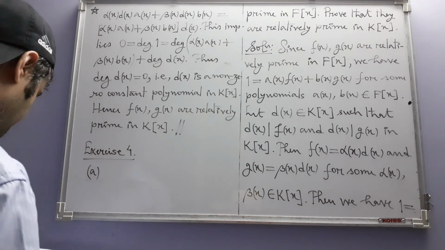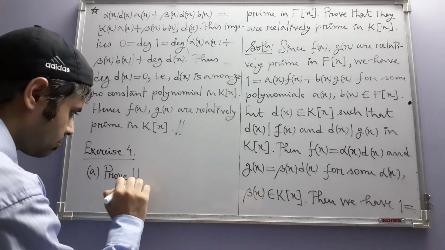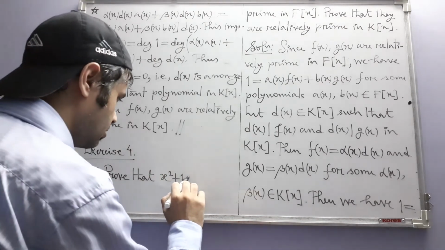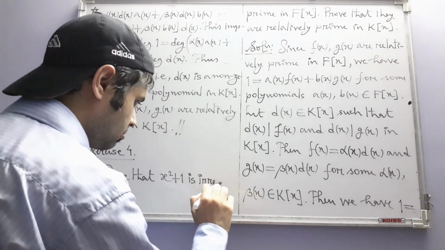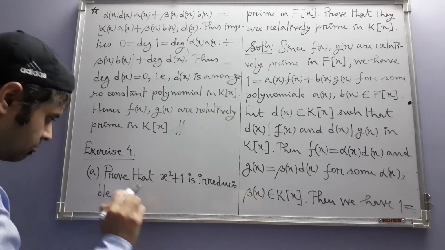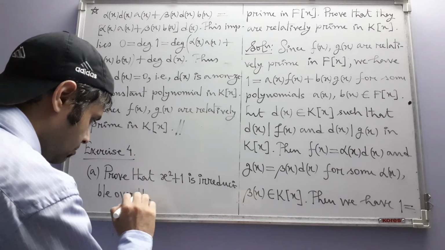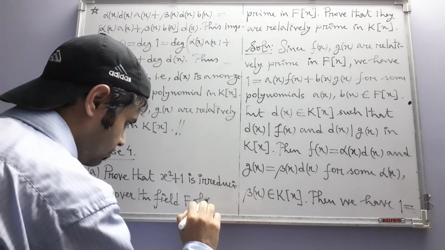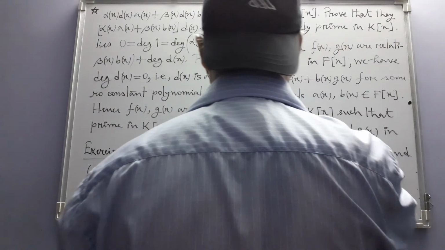Part A, prove that x squared plus 1 is irreducible over the field F of integers mod 11.